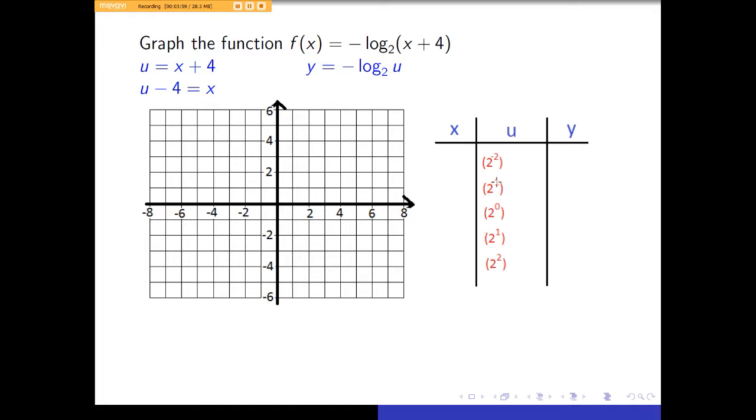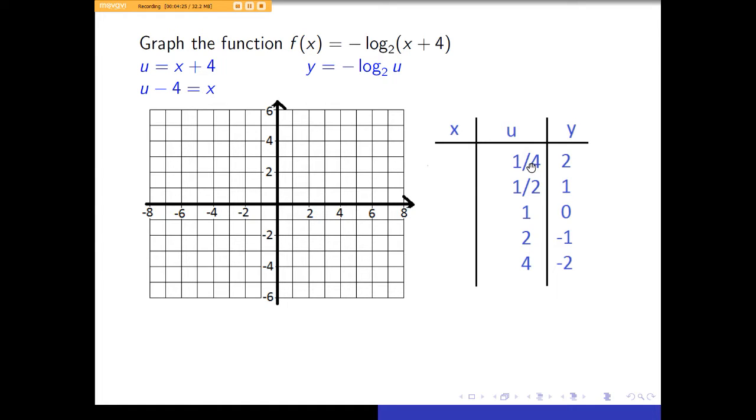Base in this case is 2 raised to the negative 1, base to the 0, the base number to the first, and then the base to the second power. And so if I evaluate those, 2 to the negative 2 is 1/4, 2 to the negative 1 is 1/2, 2 to the 0 is 1, 2 to the first is 2, 2 squared is 4. So that's how I choose the numbers for my column for u.